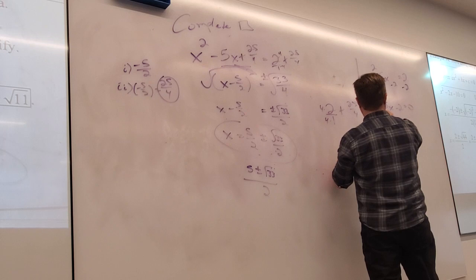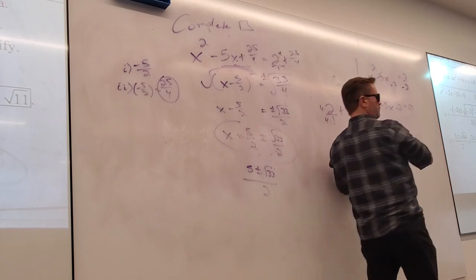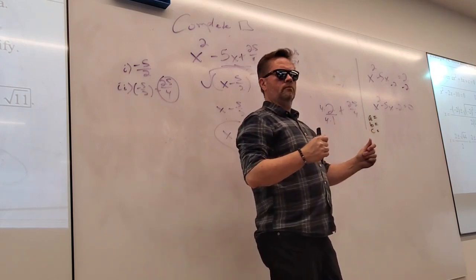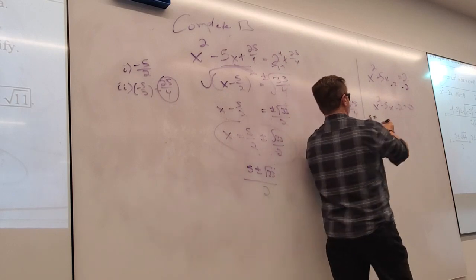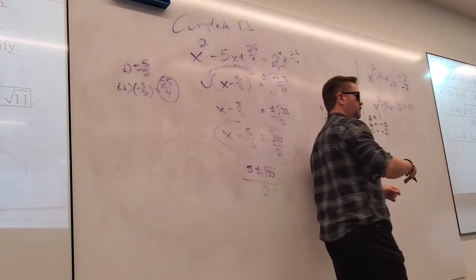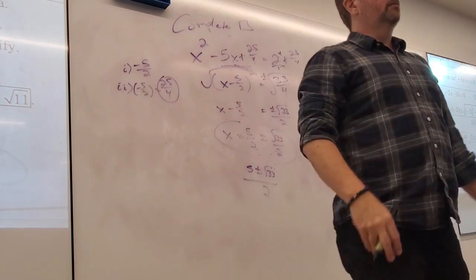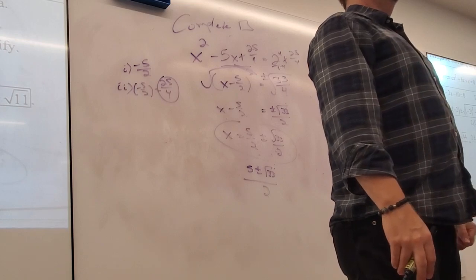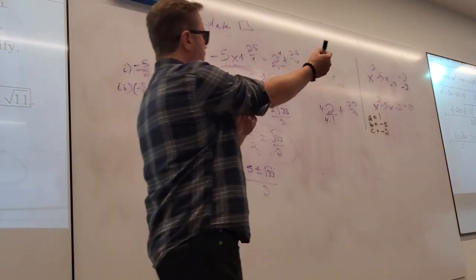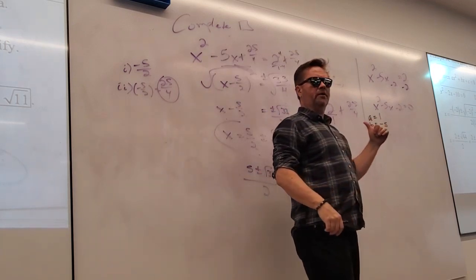So this is where you have to know what A and B and C are, right? What's A? 1. B? Negative 5. C? -2. So now it's just plug and chug, right? I would think this is the one you're a lot more familiar with than completing the square, right?